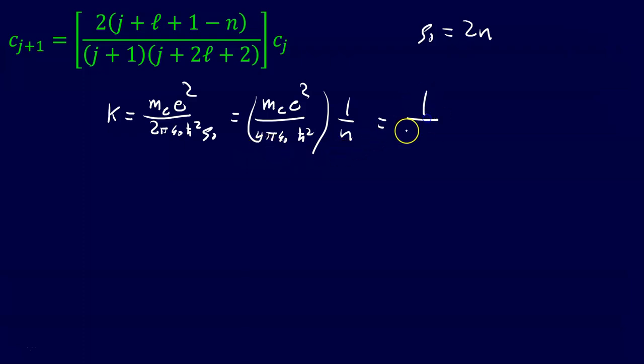And so we typically will write this as a group of constants that we'll call a. And these constants work out to be like this here, and this will work out to be Bohr's radius.